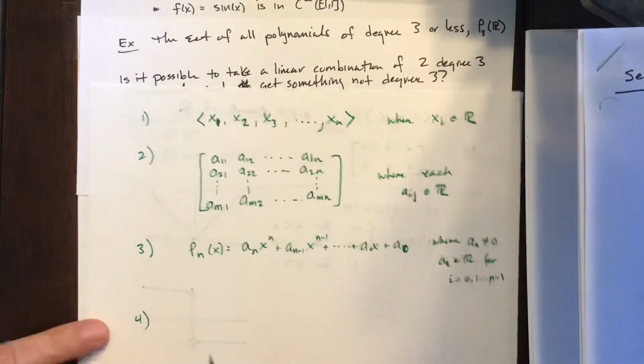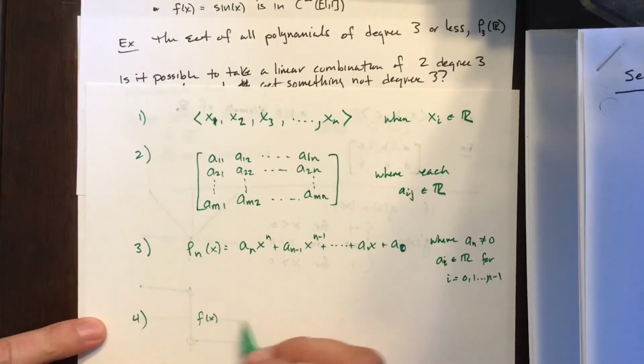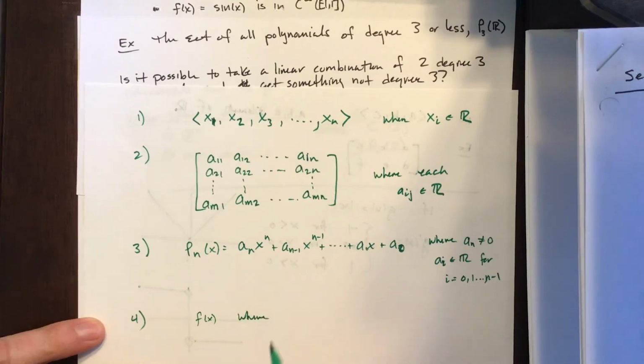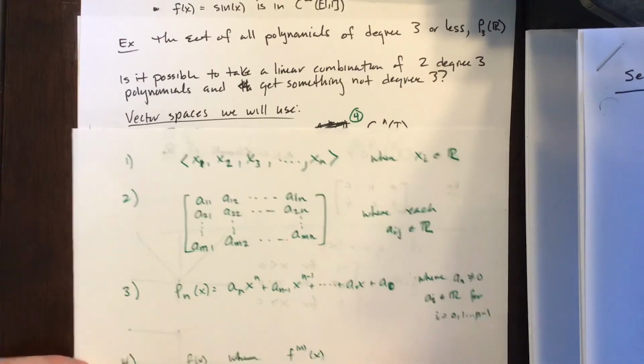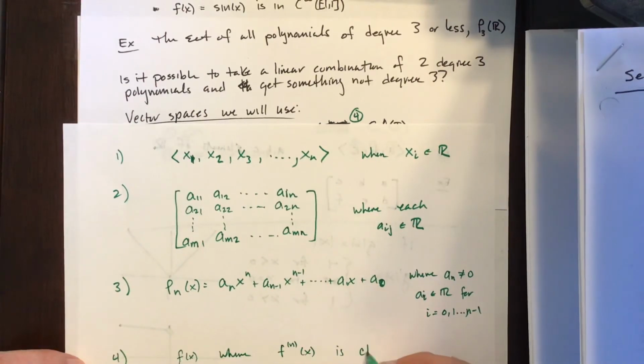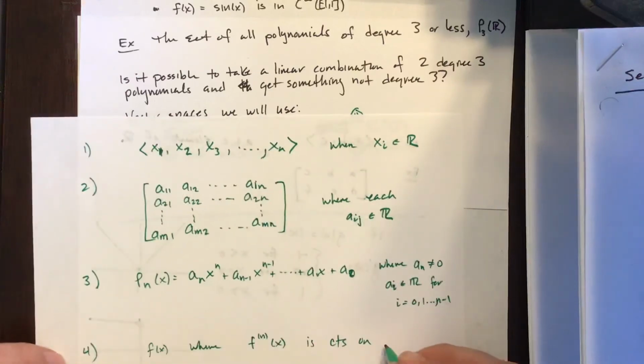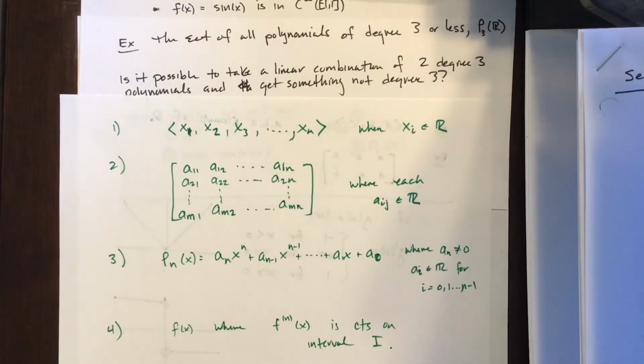f of x where the nth derivative of f is continuous on interval I. And that's about as clean as we can write that set.